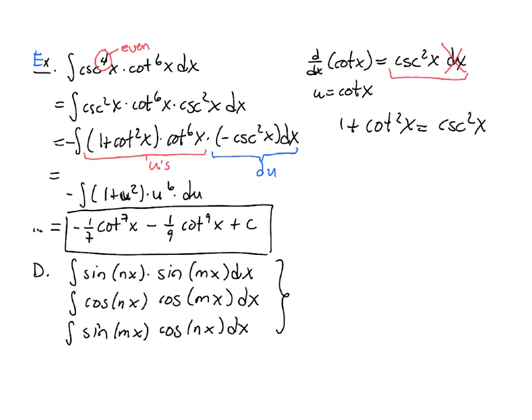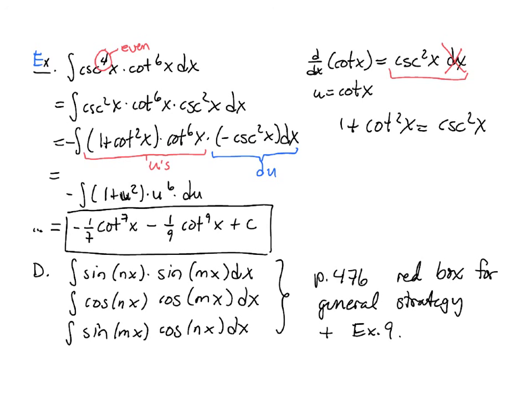And the general strategy for these, we have a red box on page 476. And one of the examples, example 9, shows how that strategy works in general.